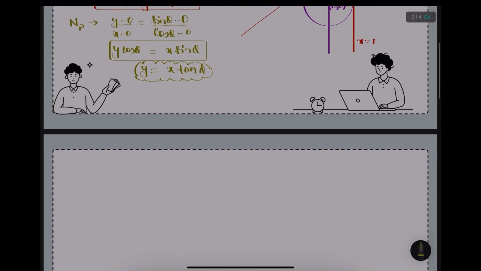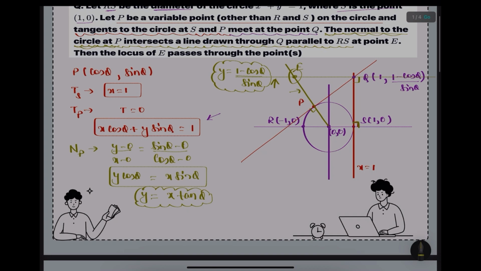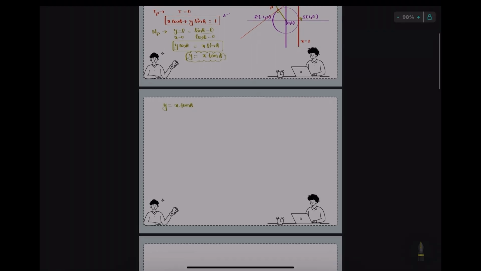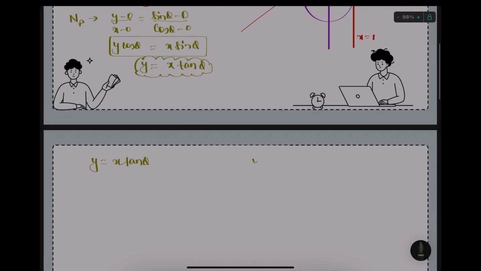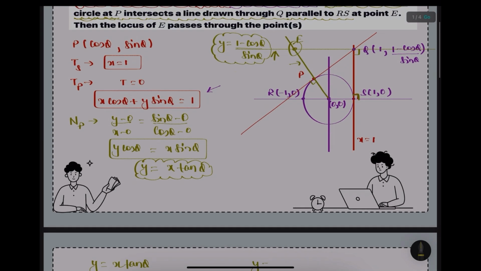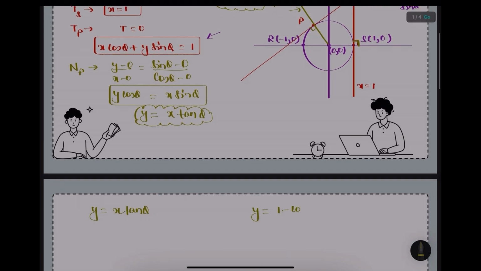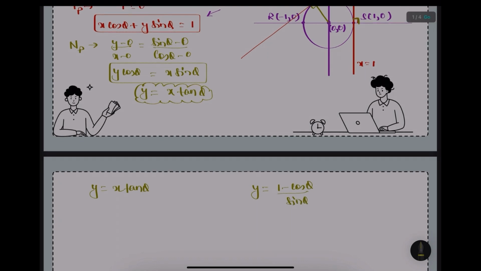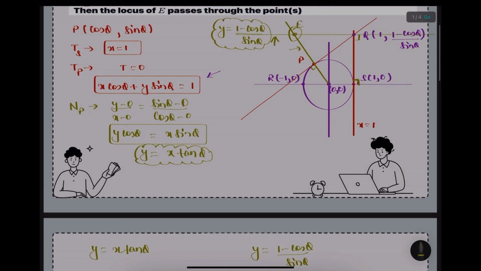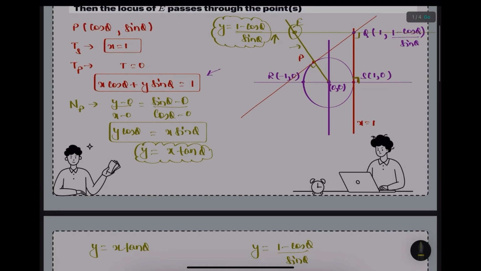Normal is y equals x tan theta, and this line is y equals 1 minus cos theta upon sin theta. So we have to solve these two lines. We will get the locus of E, the point of intersection. I hope it is clear.